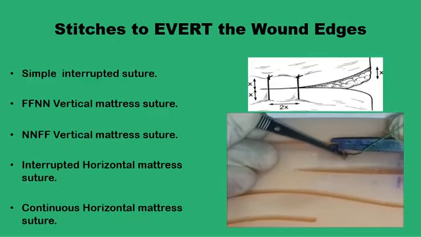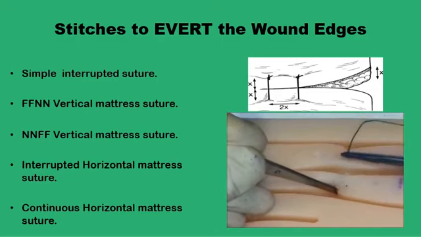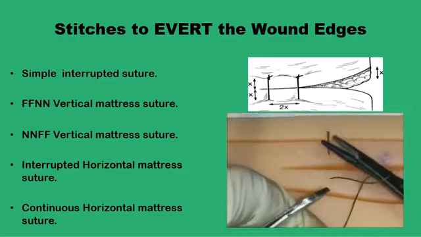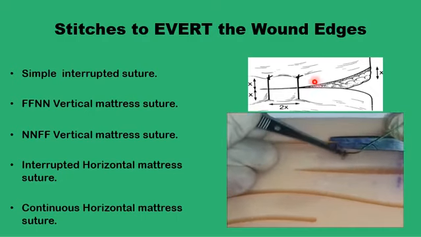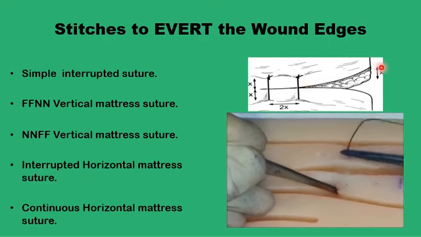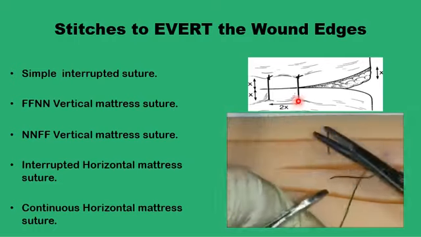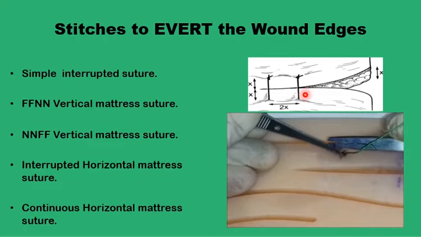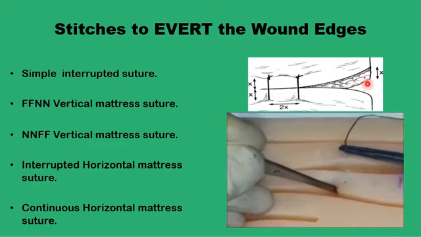So now we start with the first group of sutures, stitches to avert the wound edges. The first of these is the simple interrupted suture, and the standard way to do this is to have the needle perpendicular to the skin surface at a distance of an X from the wound edge, and then puncture it to a depth of X through the subcutaneous tissue, come out from the other side again at a distance of X from the edge, and this is going to produce an eversion of the skin edges.